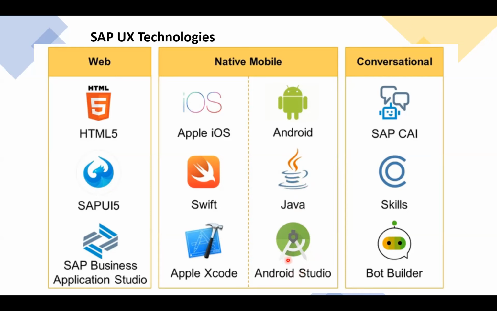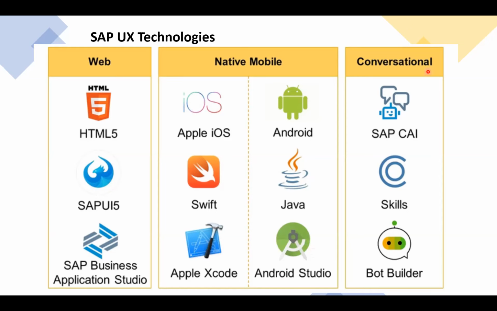That component is available and can be referred to on the BTP as a reference, and from there the app development can be carried out. Apart from that, these two are the official tools to build iOS or Android applications. SAP is even supporting the development features for these two tools as well, Apple Xcode and Android Studio.